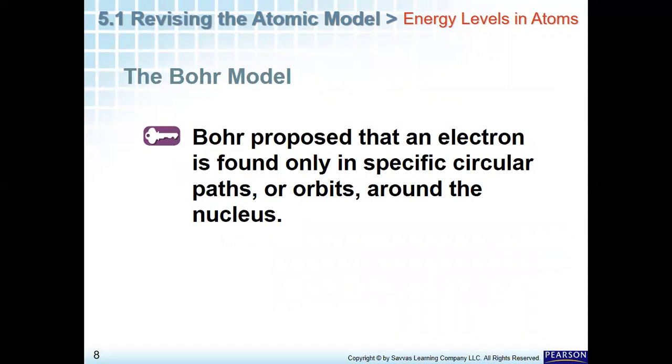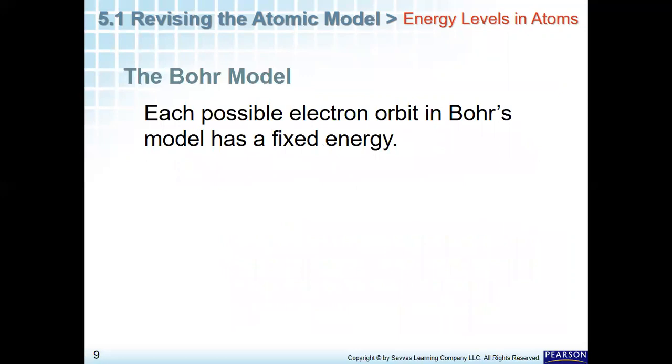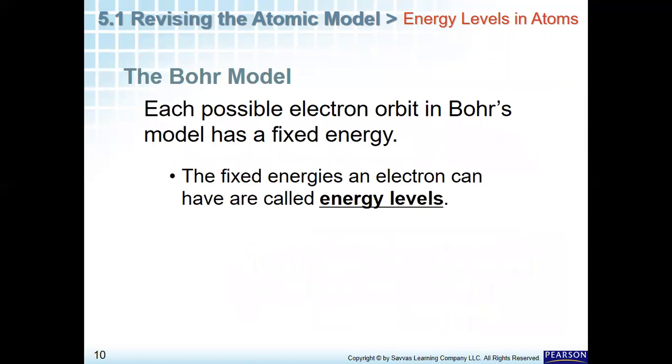Bohr proposed that an electron is found only in a specific circular path, or orbit, around the nucleus. Each possible electron orbit in Bohr's model has fixed energy. The fixed energies an electron can have are called energy levels.